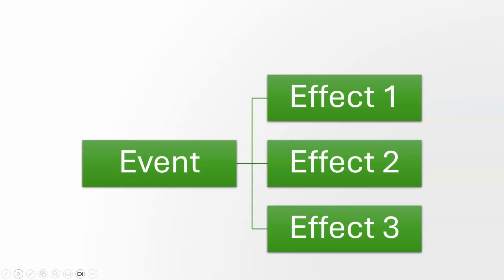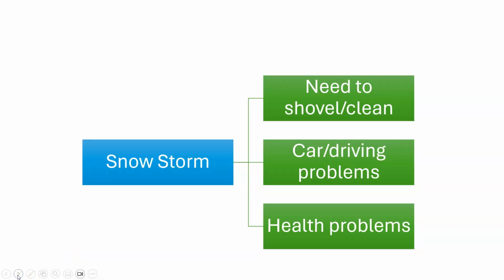Effects are things that happen after an event. So an event happens and it causes, or as a result, 3 other things happen. So let's look at a specific example.